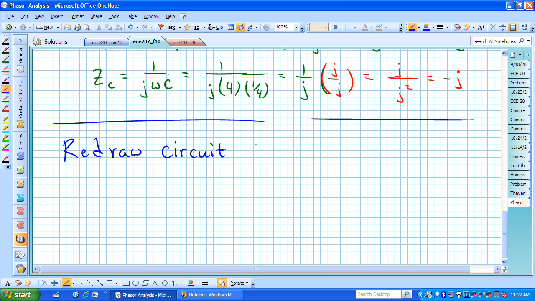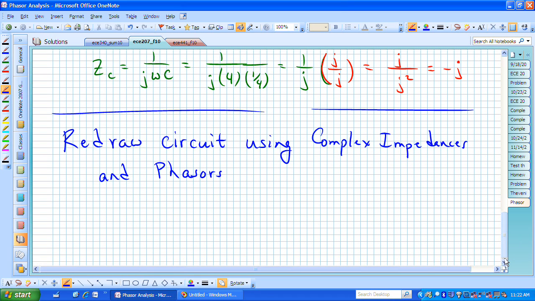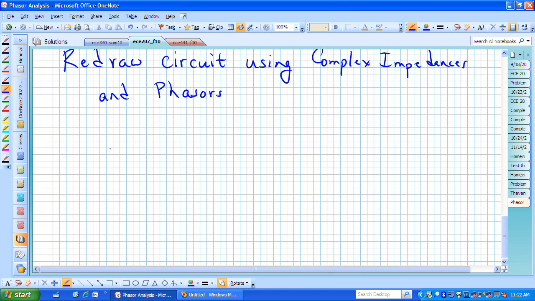So now we're going to redraw the circuit using the complex impedances that we just found and the phasors for our sources. Which provides us with the same resistor. Here's an inductor, which now is simply a complex impedance j. Our resistor value is 1.